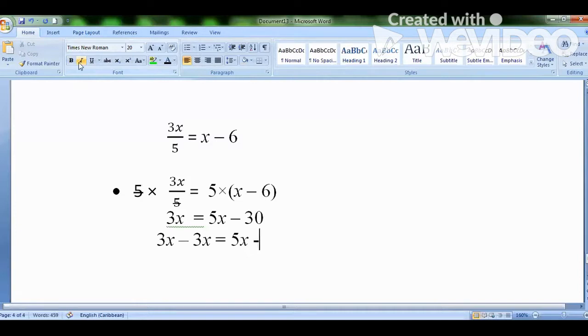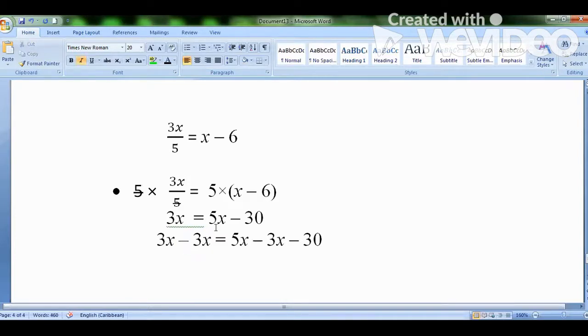Yes, sir. Well, if you want all the letters on the right, basically that's what you're doing, not true? Because if you put minus 3x here, I get 0 right here, so that means all the letters are going to be on the right.